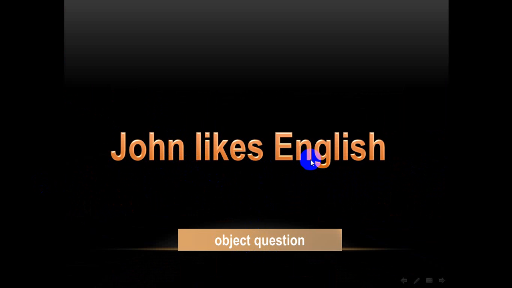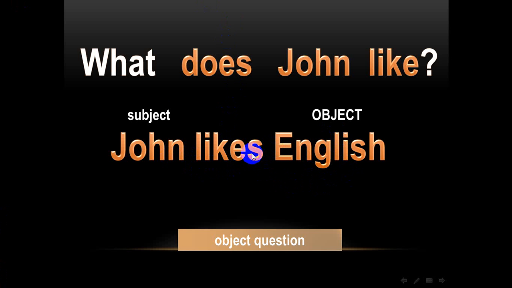Next, if I want to make the object question, like John likes English. What's the subject? John. And the verb likes, and the object English. So here, John subject, likes verb, English object. How can I make the question here? I want to ask about the object.